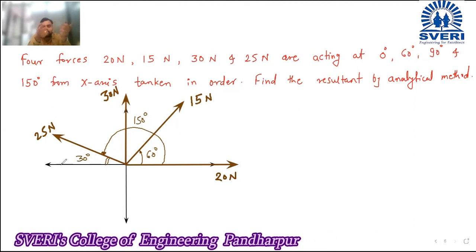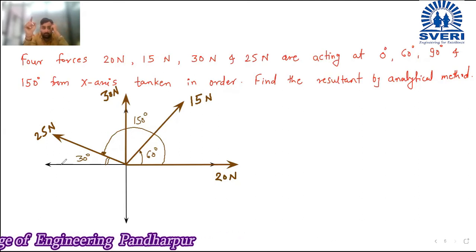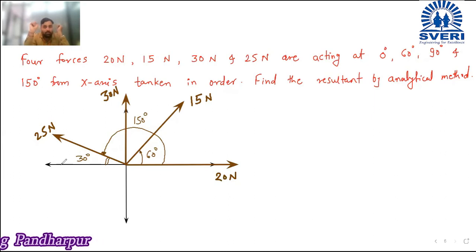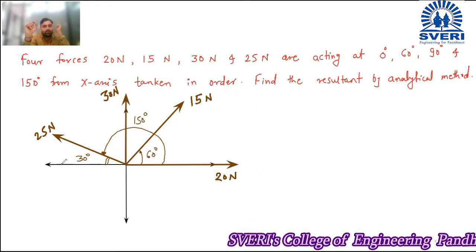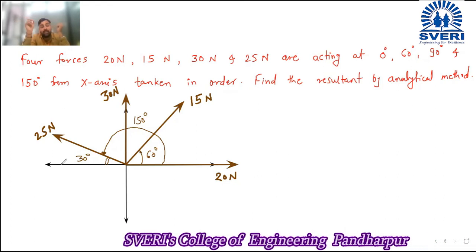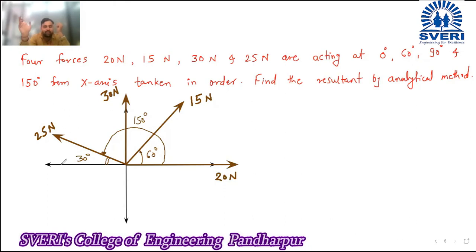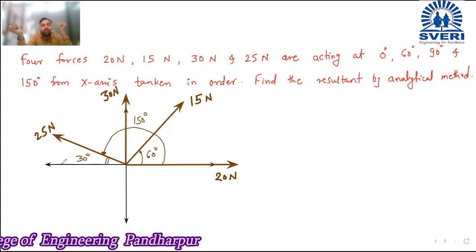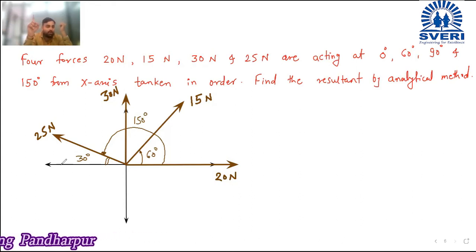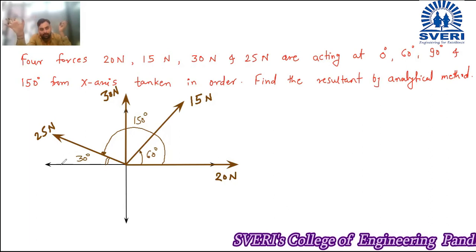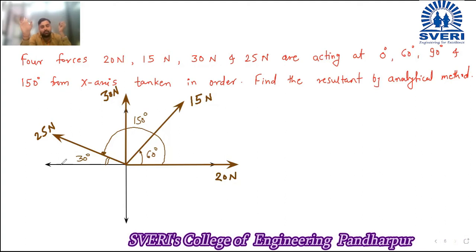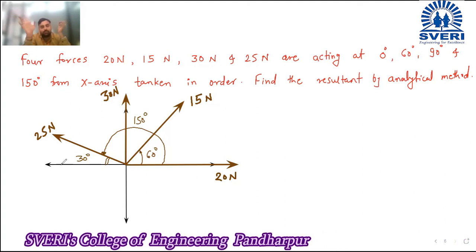Okay, even if you did not ask, I will tell you. Whenever, take down, this is a very important point, write it as a note. Important note: whenever in the numerical the magnitude of force is given, and direction is also given, but the nature of the force, whether it is push or pull, towards the point or away from the point, is not given, then always consider the force away from the point.